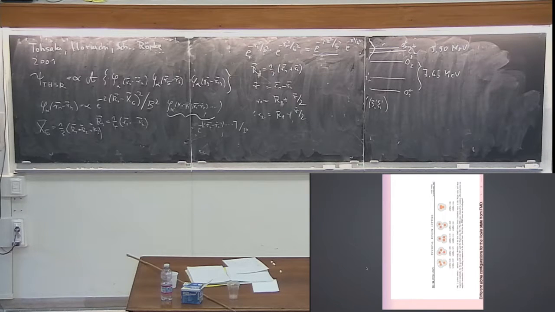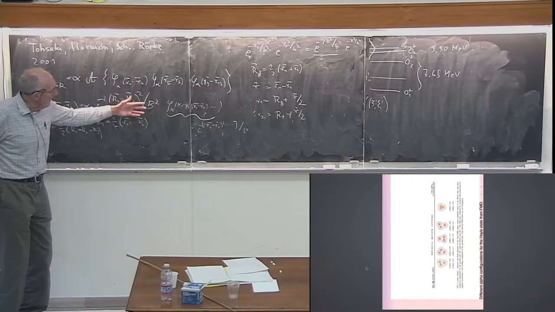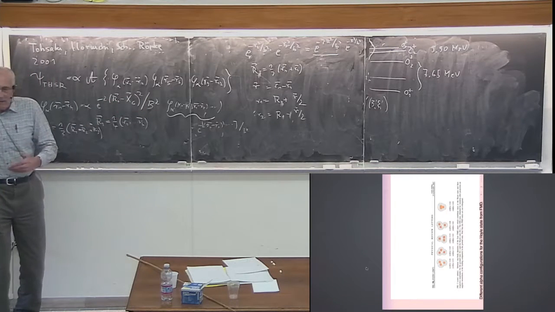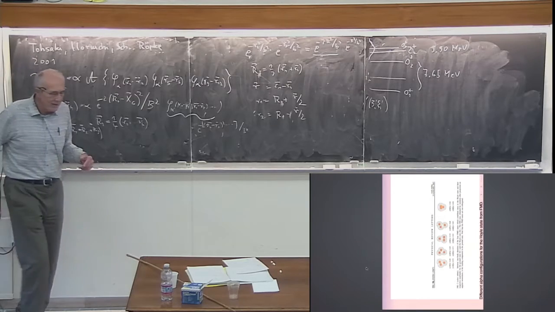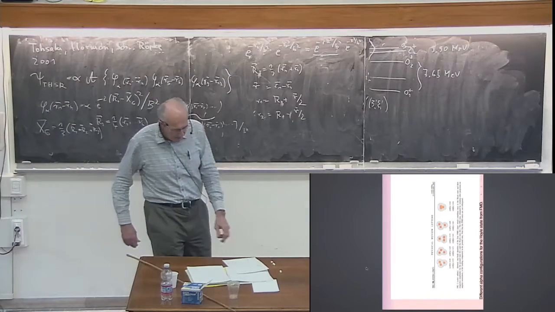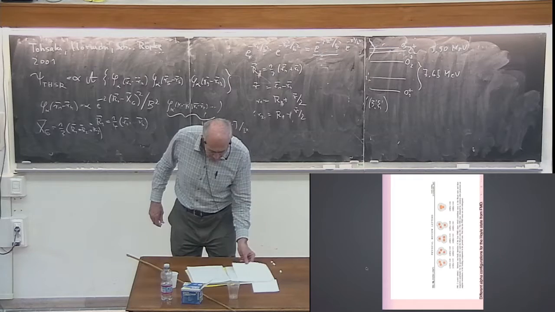Of course, we will assume that for the ground state, the capital B parameter will be close to the small b parameter, because the ground state of carbon-12, as we have seen yesterday, is more or less well described by a determinant, whereas for the Hoyle state we will probably have a B parameter which is relatively large, and we will make a first calculation of this type.